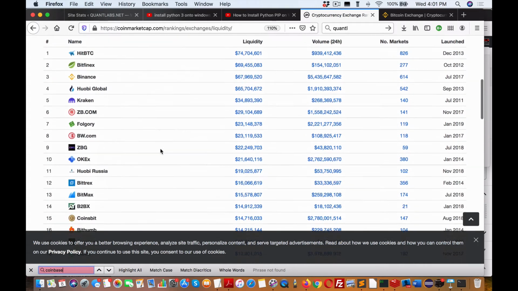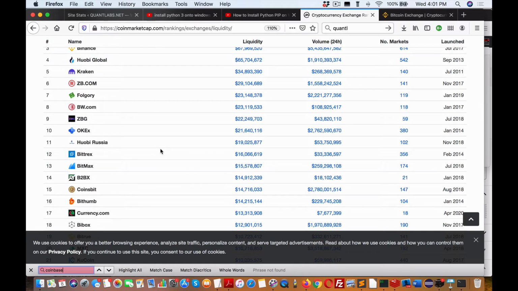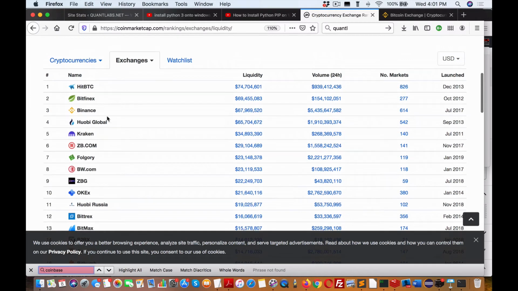Coinbase is not on here probably because, and they're US based as well, their commissions are a lot higher. So to trade on Binance is 0.1% as a commission fee. I can't remember what Kraken is. It's still higher than Binance. Coinbase is 0.5%. And when you're trading like the way I do, you wouldn't make money on Coinbase. You'd probably be challenged on Kraken as well.